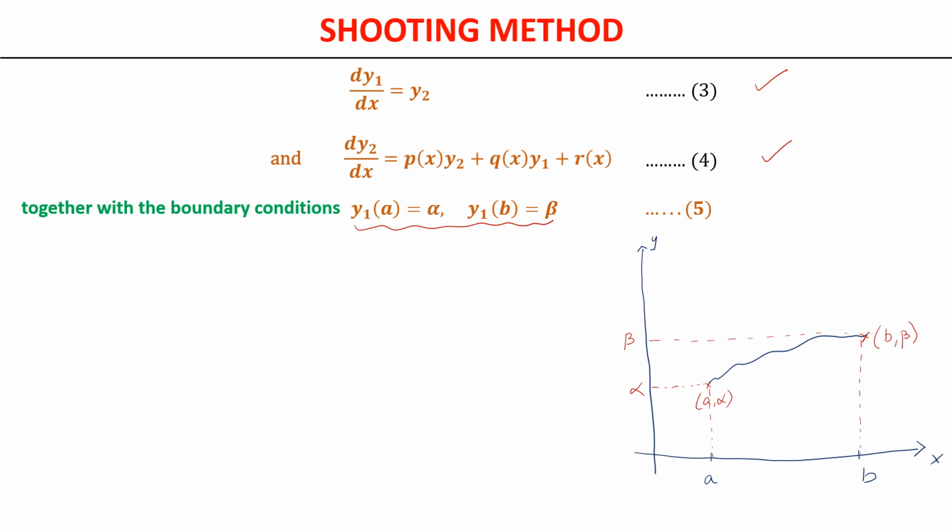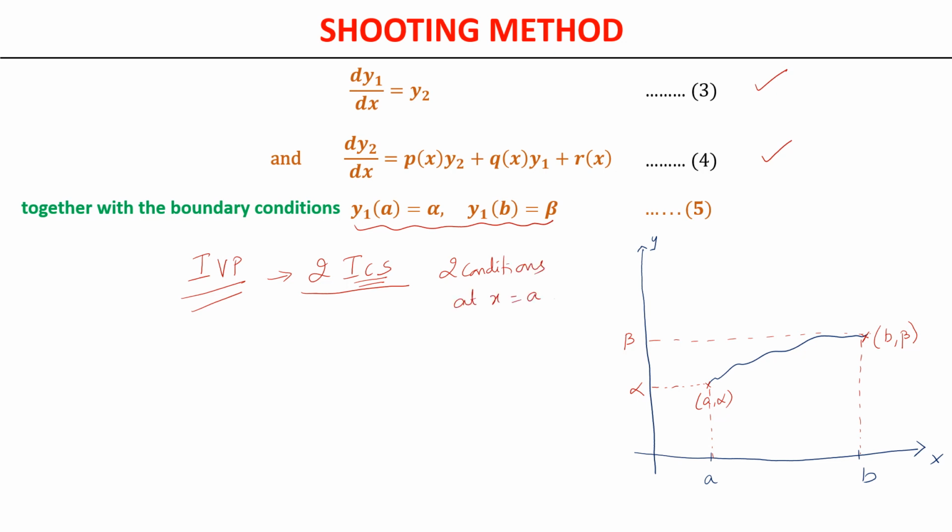Now, if we want to convert equations 3, 4 and 5 into an IVP, what else we require is two initial conditions. When I say initial conditions, they are those conditions which are defined at the initial point. So that means I need two conditions defined at x equal to a.